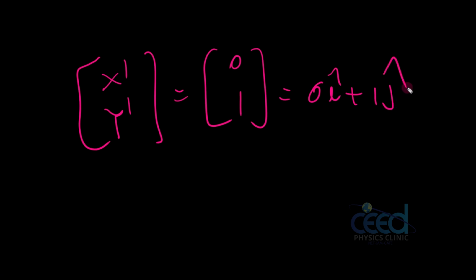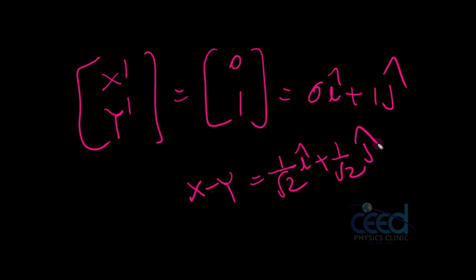So this means that in the xy coordinate, a vector represented by 1 by root 2 i cap plus 1 by root 2 j cap is, in the x dash y dash plane, the new coordinate, the same vector is 0 i cap plus 1 j cap.